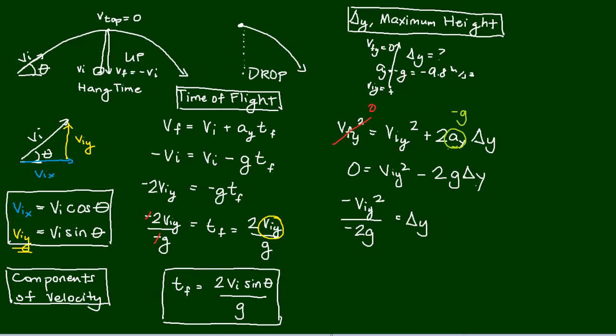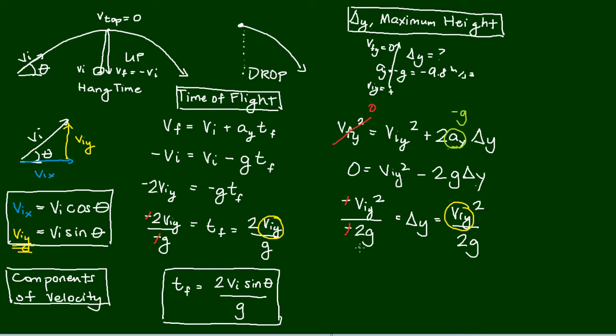Now we can cancel out the negative signs, make them positive, and we finally come up with the form Viy squared all over 2g. But we also know that this Viy can be substituted with Vi sine theta.